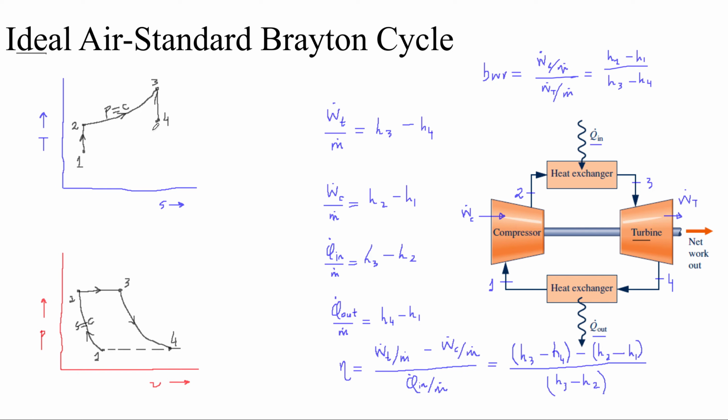And now to close the loop, it's going to be from 4 to 1. We could just close the loop as we have started it. So we go back from 4 to 1. Or we can think about it as well: because heat rejection is taking place now, it's going to be taking place at a constant pressure. So we're going to go from 4 to 1 on this constant pressure line to arrive back at state 1.